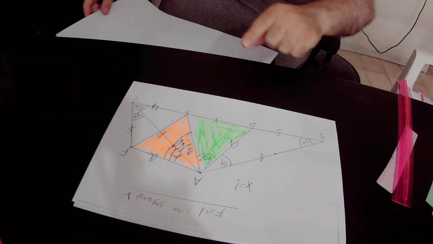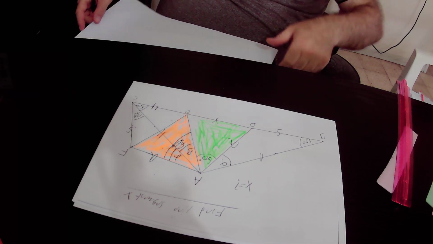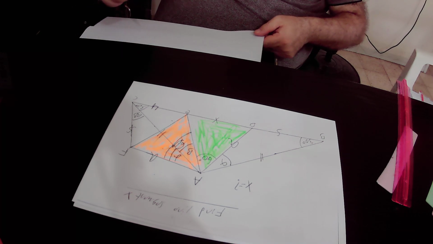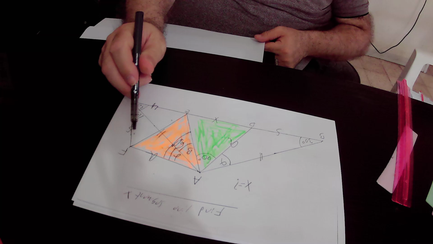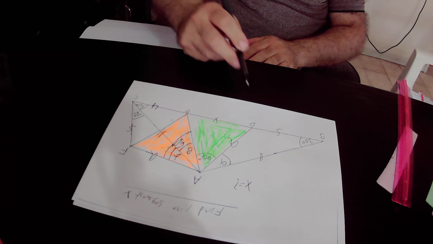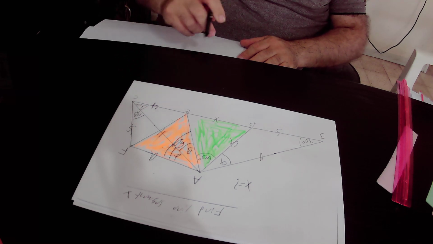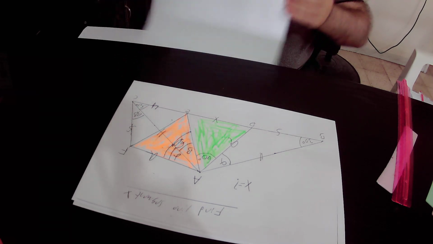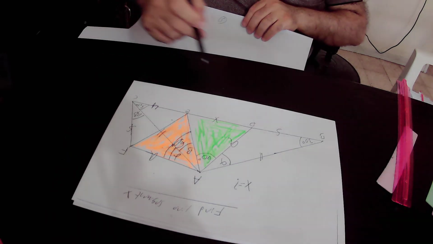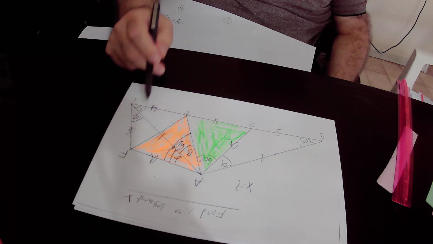So if we define side AF as A, here DE is equal to EF. Side DE is equal to side EF.